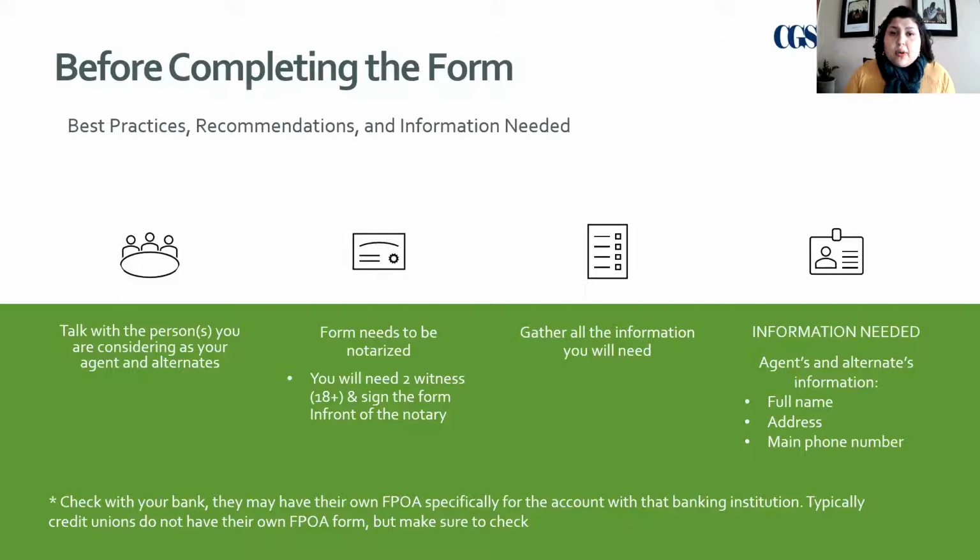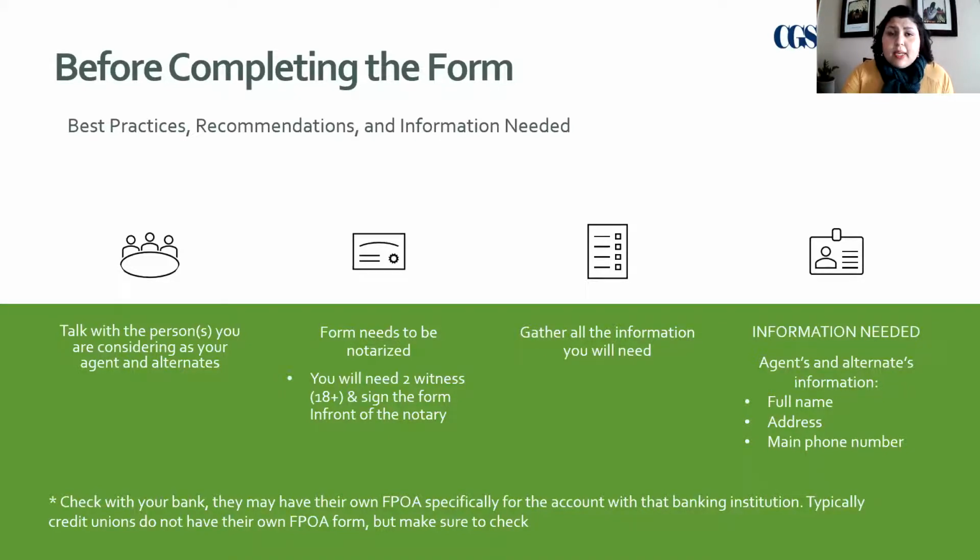Other banks are okay with just having one of their financial power of attorney forms to cover all the accounts that you have with them. So please note that that is an additional step that you need to take to ensure you're completing the right form and you're following your bank's policies and procedures for them to accept your financial power of attorney.